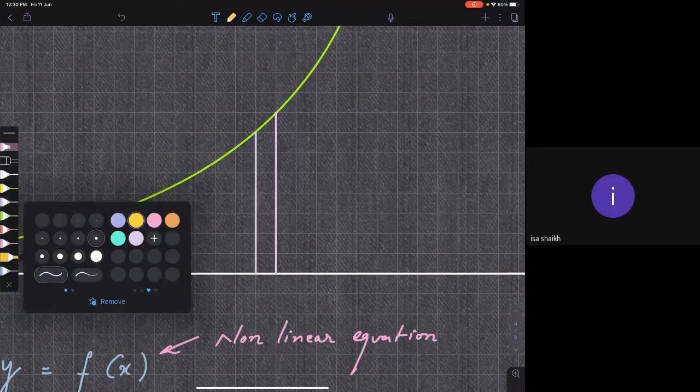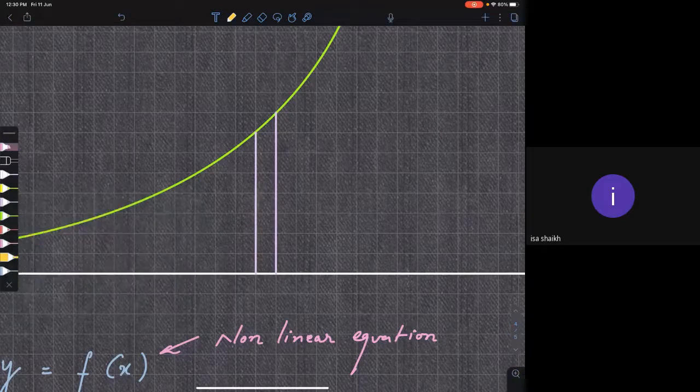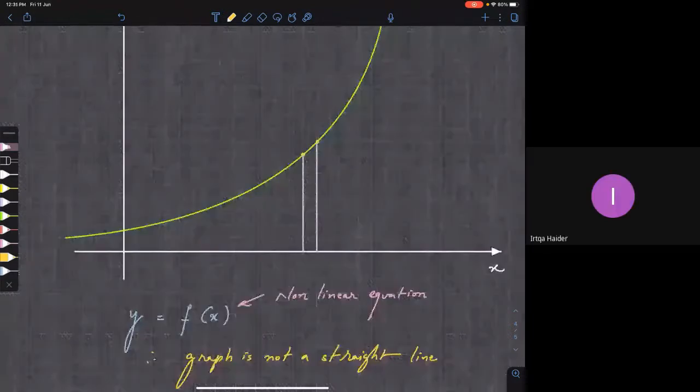So if I take these two points in the neighborhood, let me call them point A and point B. Between those two points, even though it is a curved line, if you take a small section, it will be a straight line. Do you agree? Yes. And we can find delta y by delta x. Yeah, very good.